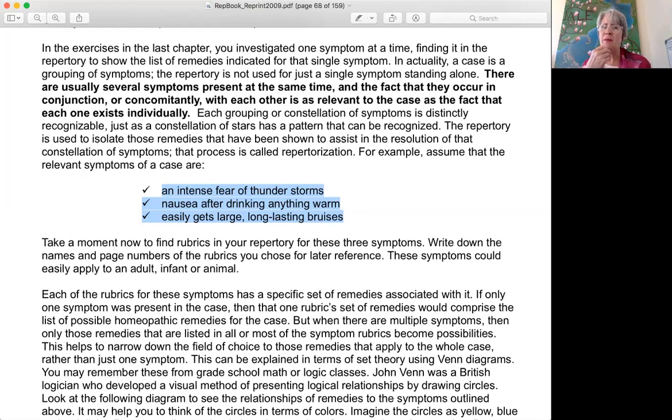There aren't that many people that feel nauseous after drinking warm drinks. So in fact, this person might say it's so bad that after I have 3 or 4 sips of something warm, all of a sudden I can almost feel a gag if I try to drink anymore. The nausea comes up suddenly, and it's bad.